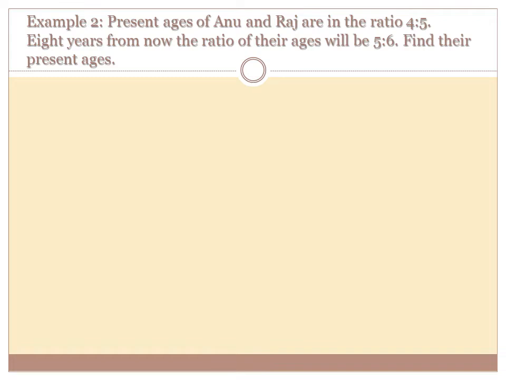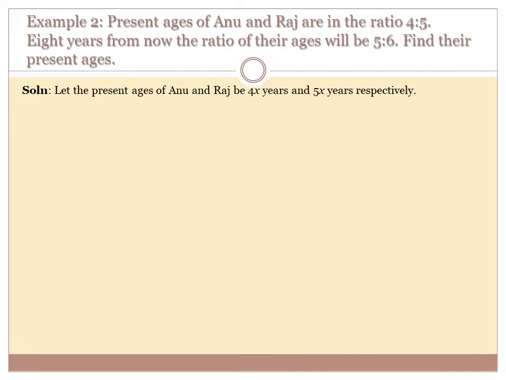For that, first of all, let the present ages of Anu and Raj be 4x and 5x years respectively. After 8 years, automatically both of their ages will increase by 8.